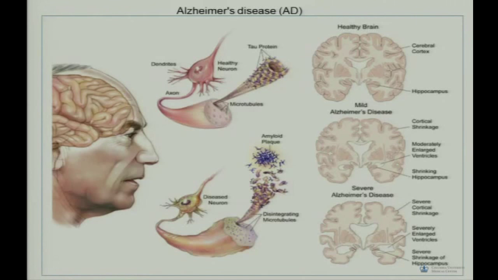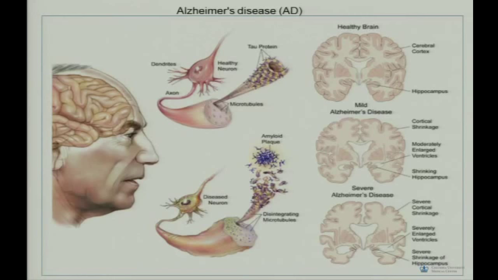The other two things that we see physically in the brains of people with Alzheimer's disease are what we call amyloid plaques and neurofibrillary tangles. So amyloid plaques are found inside of neuronal cells, and it tends to happen within the axons of these central nervous system neurons.